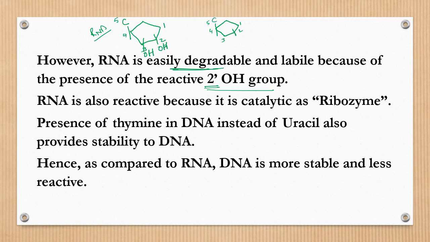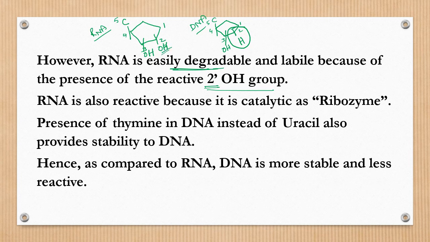On this second carbon it has only hydrogen, and the third carbon has a hydroxyl group. So this is the difference between the pentose sugars of DNA and RNA. DNA has only hydrogen on the second carbon, but in RNA the second carbon has a hydroxyl group.